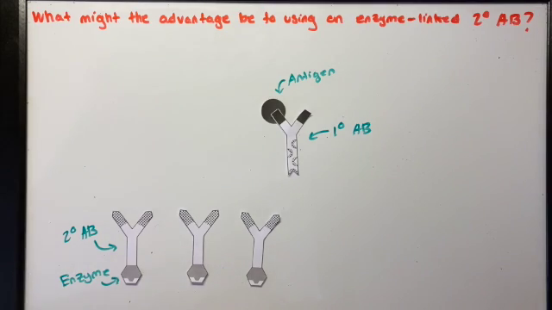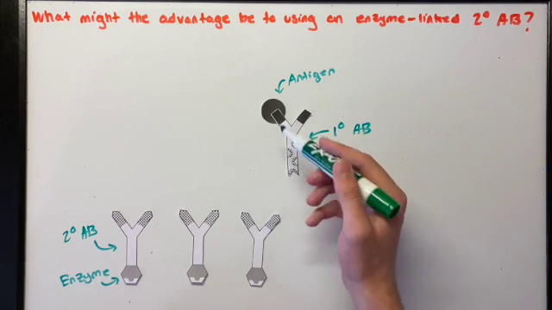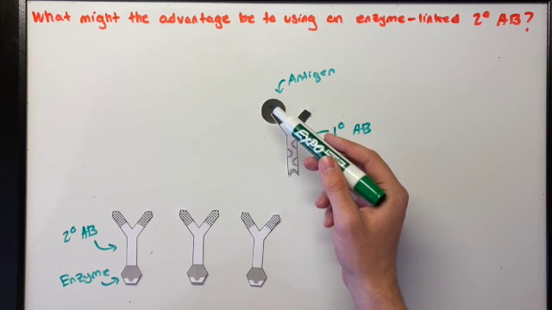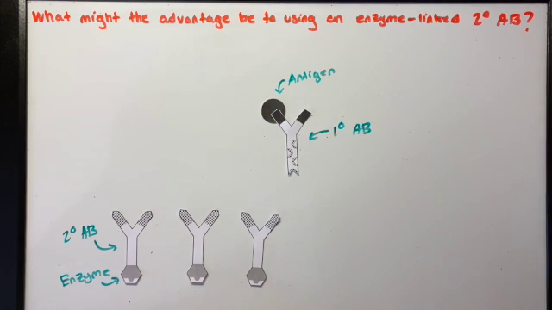There are a couple advantages of using enzyme-linked secondary antibodies, but one of the main advantages is that it allows for higher sensitivity of the primary antibody and ultimately higher binding specificity and higher affinity to an antigen.